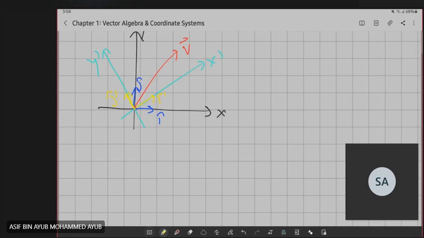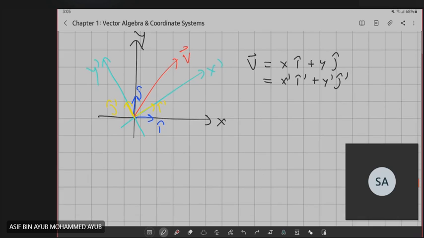Depending on the coordinates, the representation of v will either be x i hat plus y j hat, or it could be x prime i prime plus y prime j prime. But they're still the same vector. This vector doesn't really care about which coordinate system you're looking at it from.